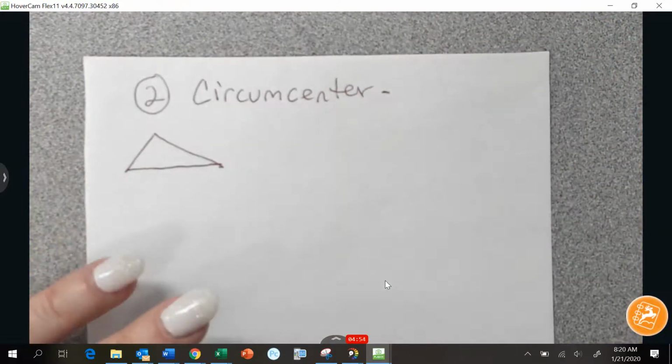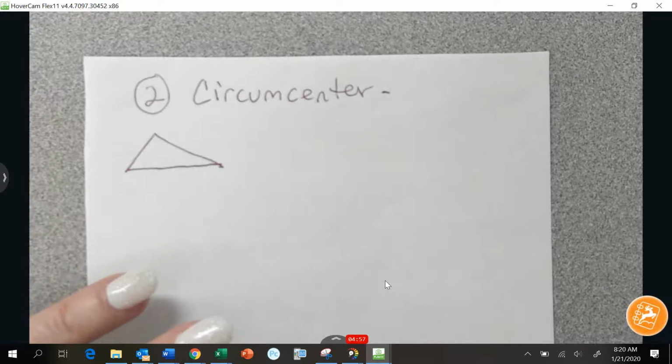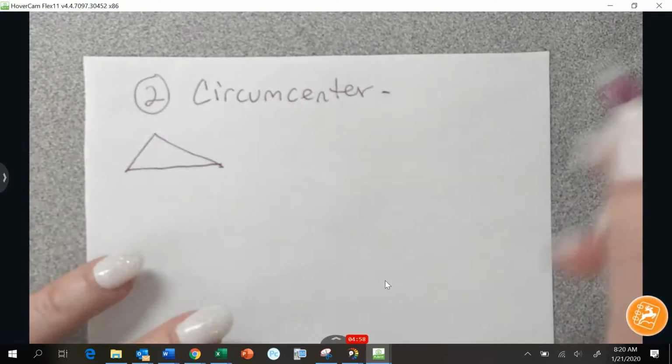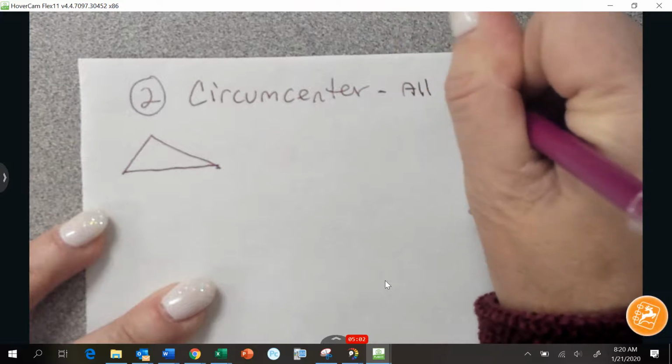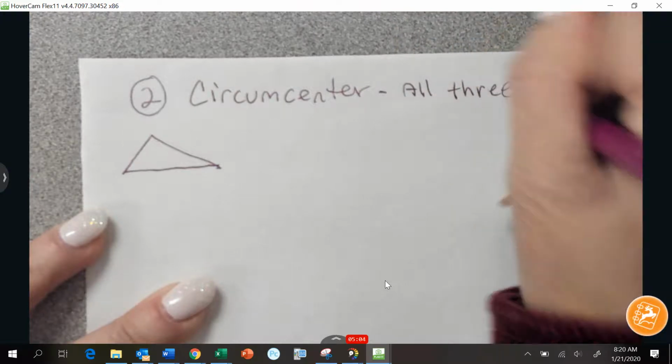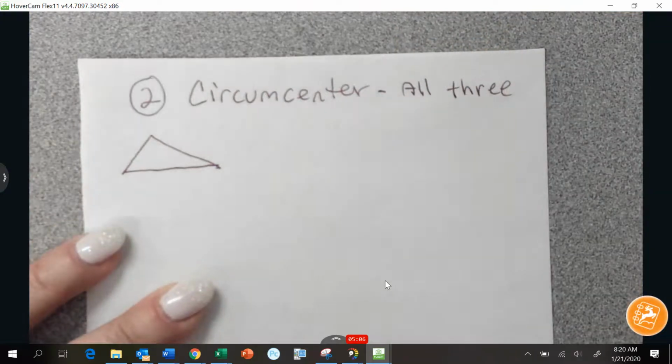The circumcenter is the point of concurrency where all three what meet? It is not the medians.